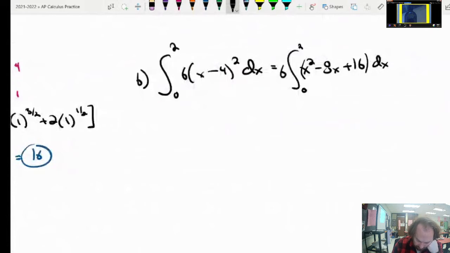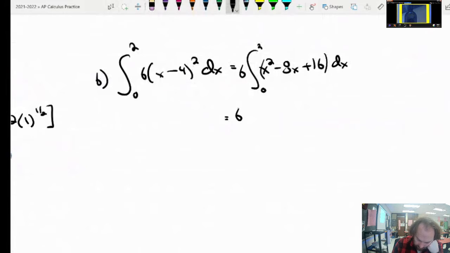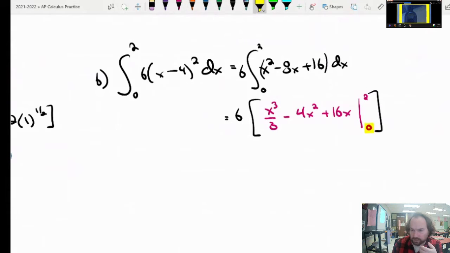And that's actually pretty easy to do because we'll have 6 times big parentheses. What we're going to have to do is evaluate x cubed over 3 minus 4x squared plus 16x. We're going to evaluate that from 0 to 2. That's actually relatively easy to do because 0, if you plug it in for x, will just cancel everything out.